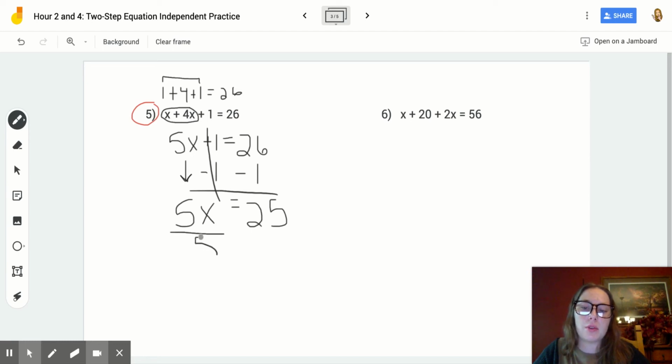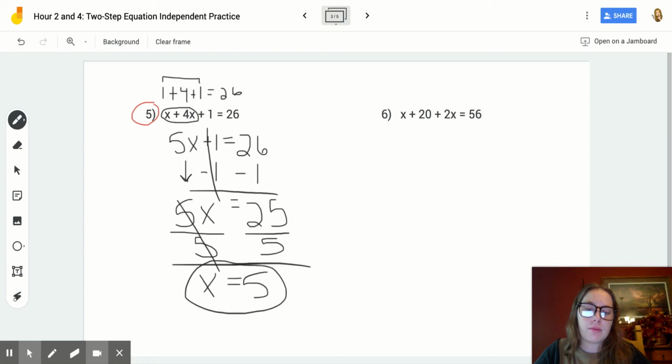So I'm going to divide both sides by 5. And what I get is 5 divided by 5 cancels out to 1, or 1x. And that equals 25 divided by 5, which is 5. And that's how we go about this one.